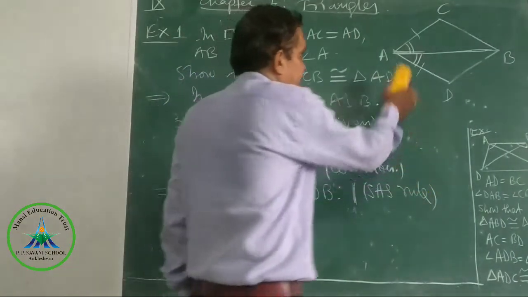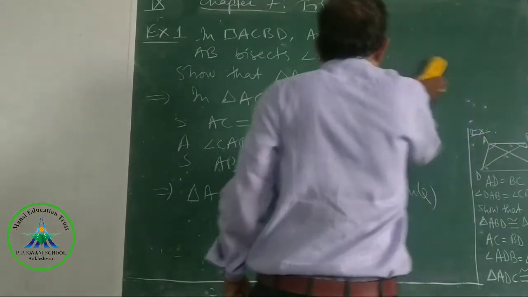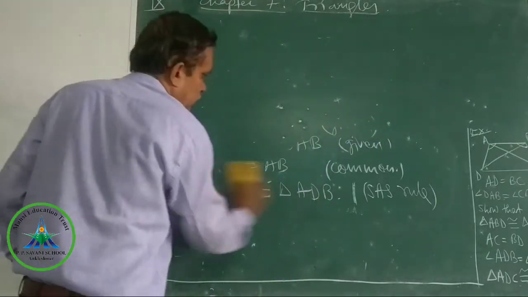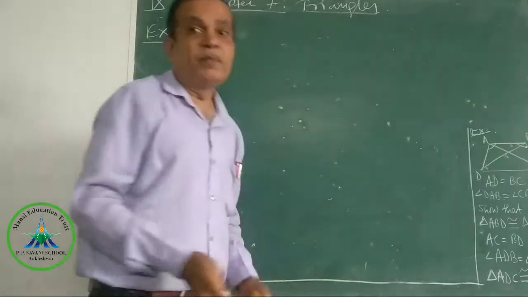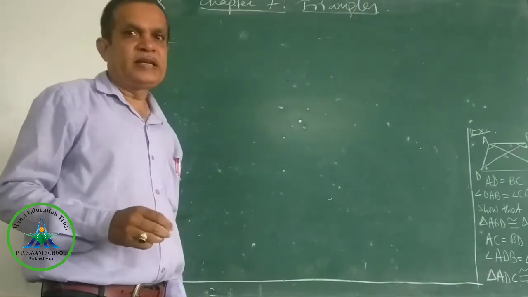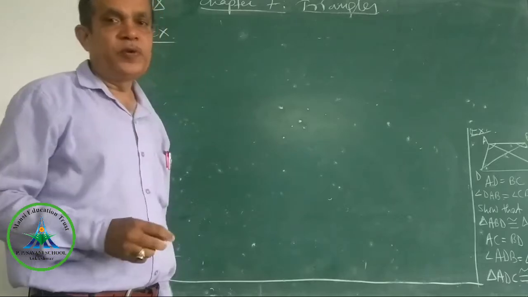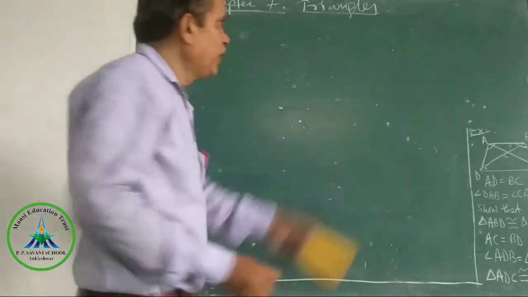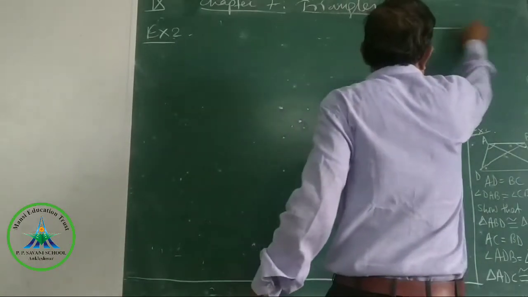Okay, now let us take the second example. Now we will take example number 2. Students, see the video properly, understand, and without being told, try to prove it in your notebook. I am drawing the diagram so that it is very clear to all of you.